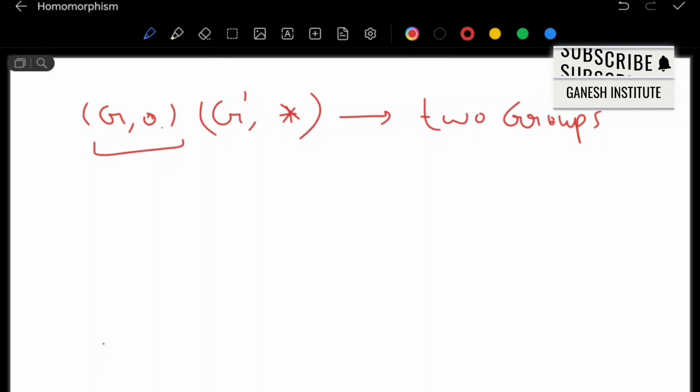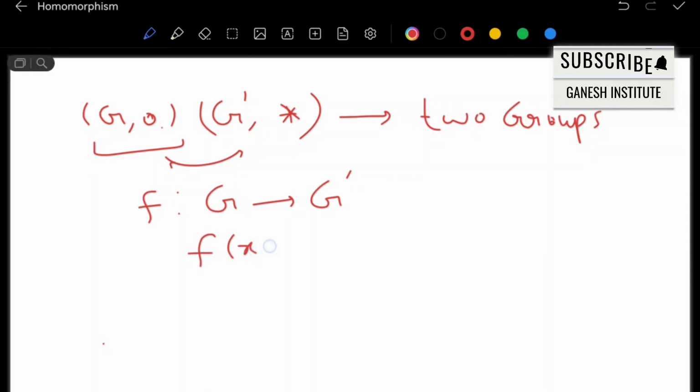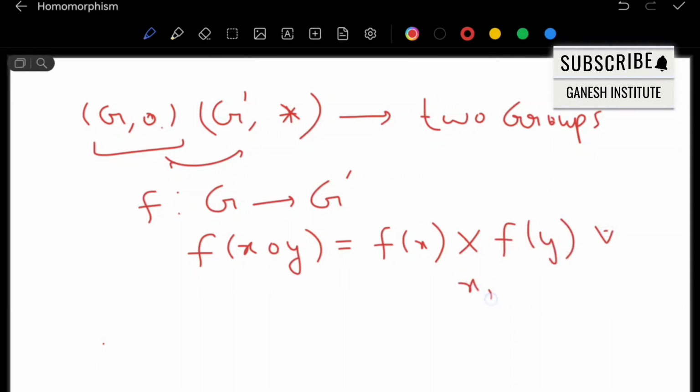Then what is homomorphism? That will be a mapping F from group G to G dash if we have this operation and their properties are preserved.